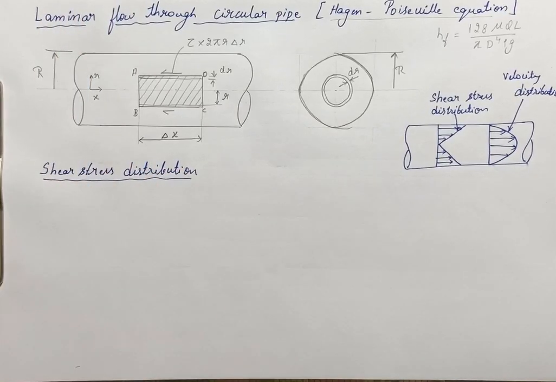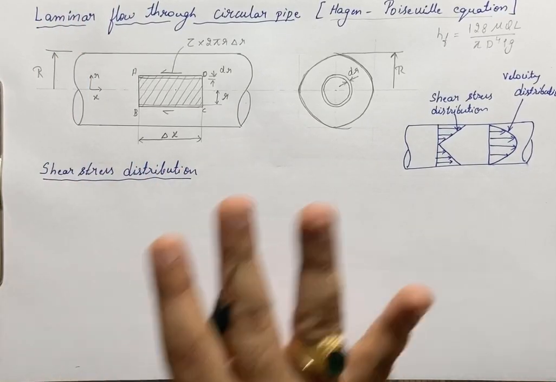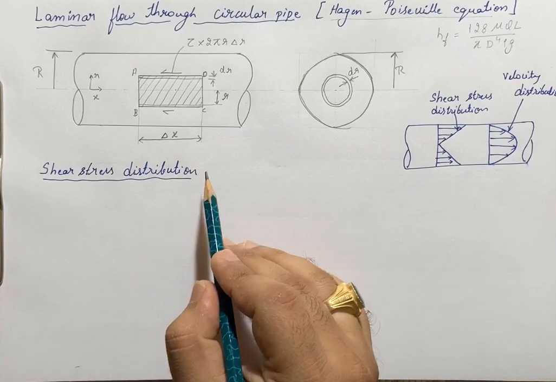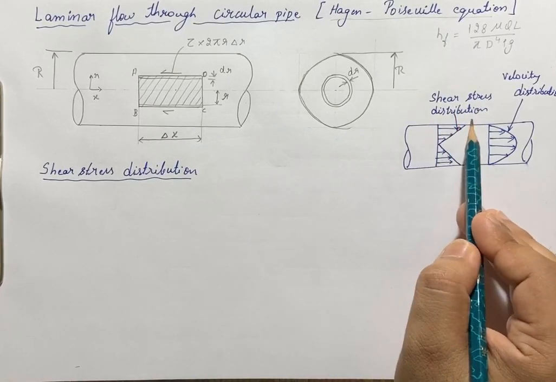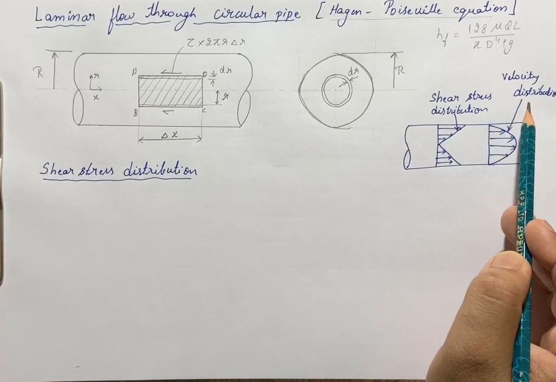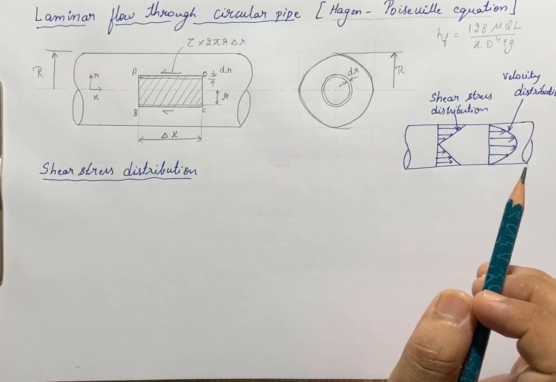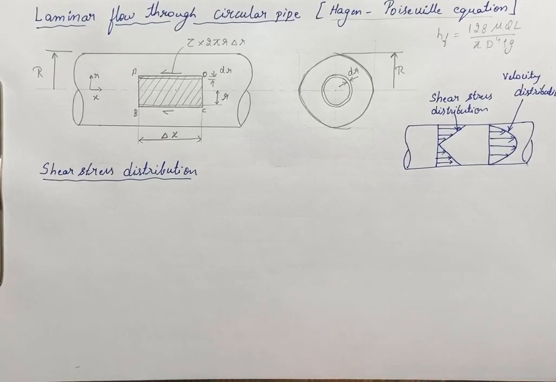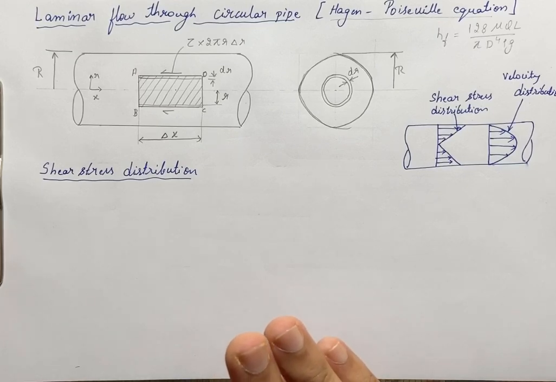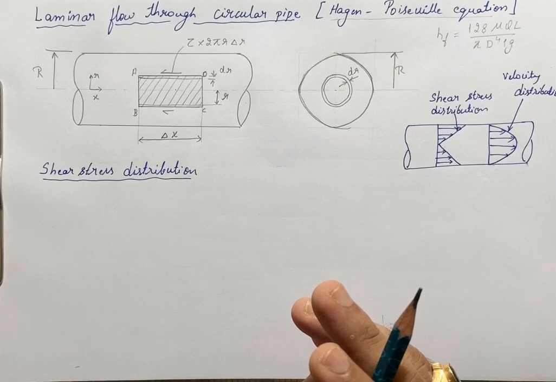This derivation is divided into 4 sections. In the first section, we'll be deriving the shear stress distribution. In the second section, we'll be deriving the expression for velocity distribution. In the third section, we'll be deriving the expression for the average velocity and the ratio of maximum velocity to average velocity.